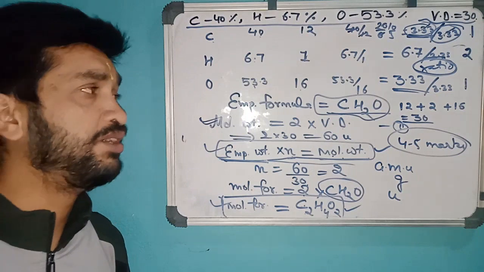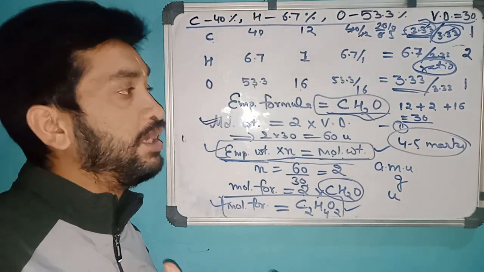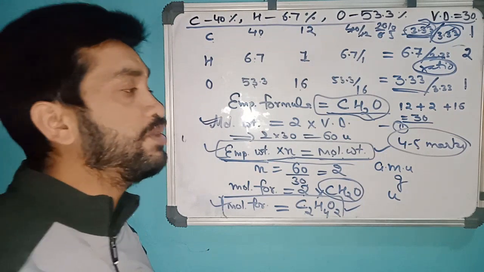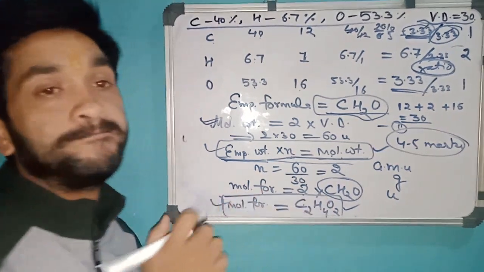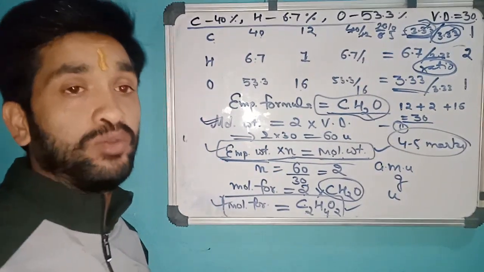So I hope now it is clear to you what the empirical formula is and how it is different from the molecular formula. Empirical formula is the simplest whole number ratio, and molecular formula means the actual number of atoms present in the molecule of a compound.